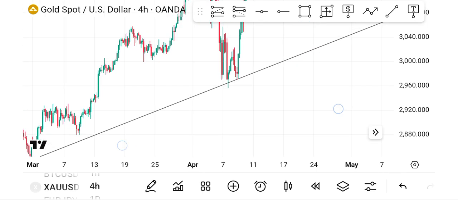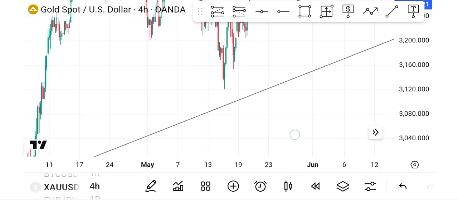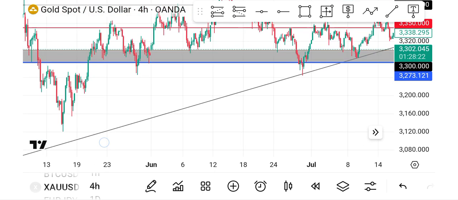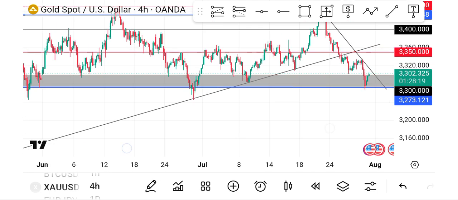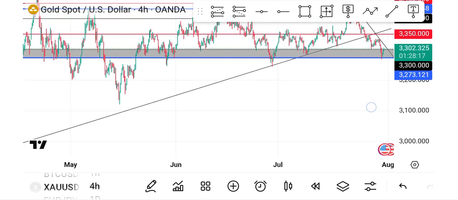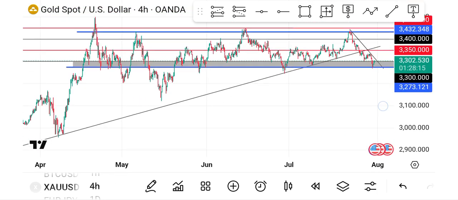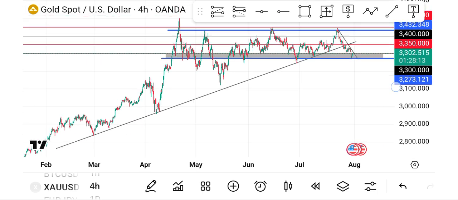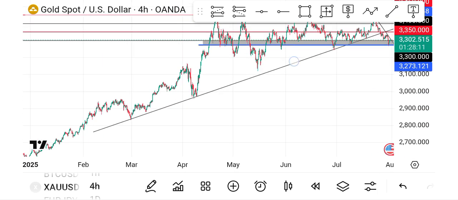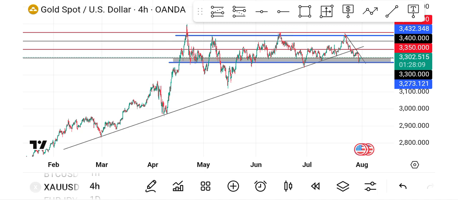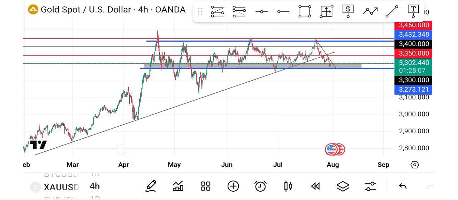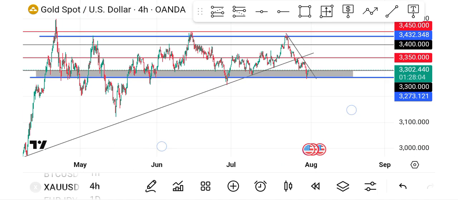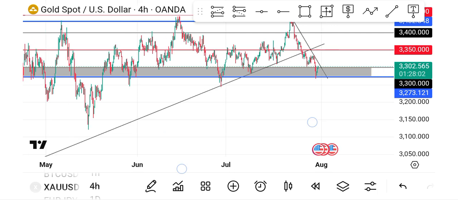You can also use the body or use the wick, but make sure you pick one and don't use the two. And I didn't force it. I didn't force the trend lines to fit my bias. I just adjusted. You can see right here, I've been adjusting the trend line till I got about 5 touches and then a break of the trend line.